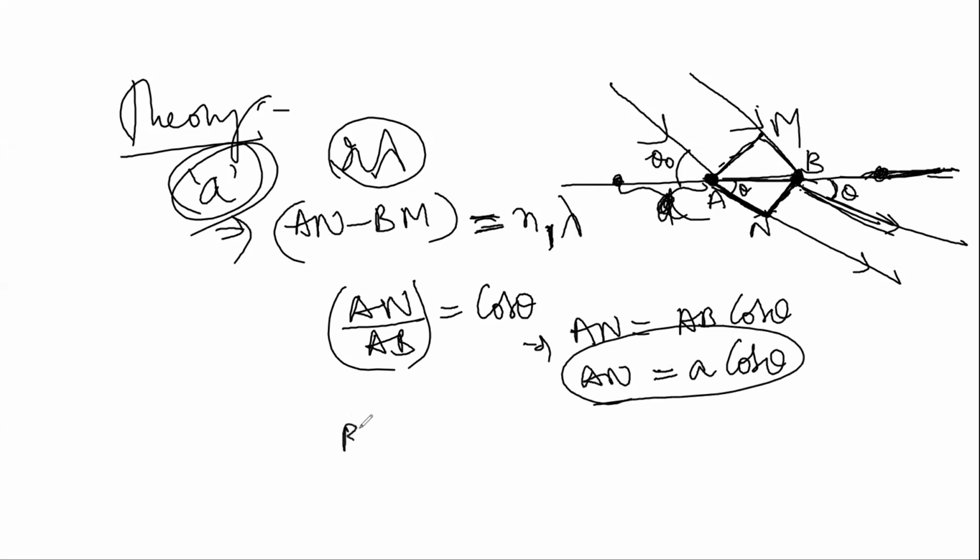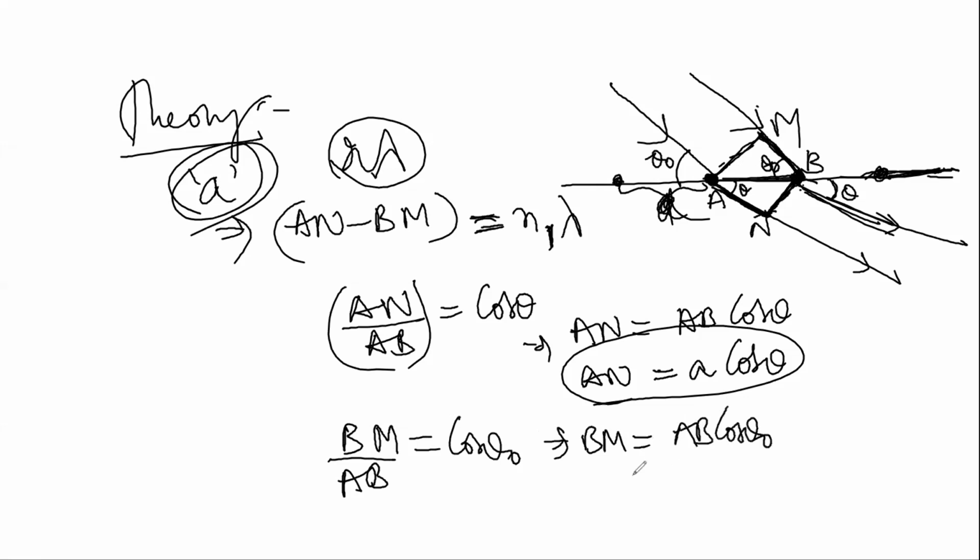Similarly, I want to calculate Bm. What is Bm here again? To calculate Bm, this is theta naught. So how do I get it? Cos theta naught is equal to Bm by AB, which implies Bm is equal to AB cos theta naught, that is Bm is equal to A cos theta naught.